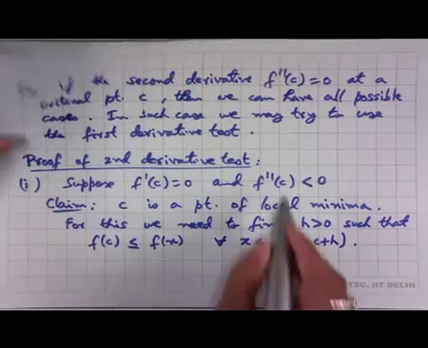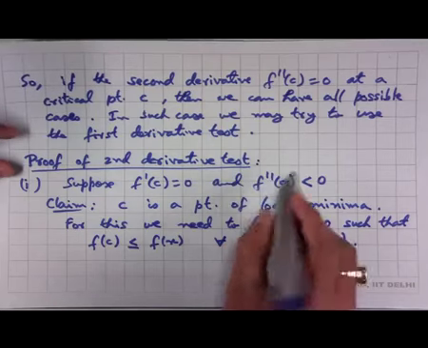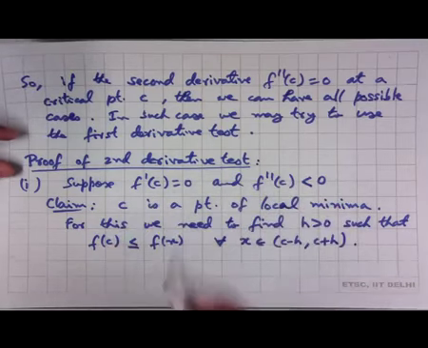Now, let us look at this information that f double prime c is negative and f prime c is 0.